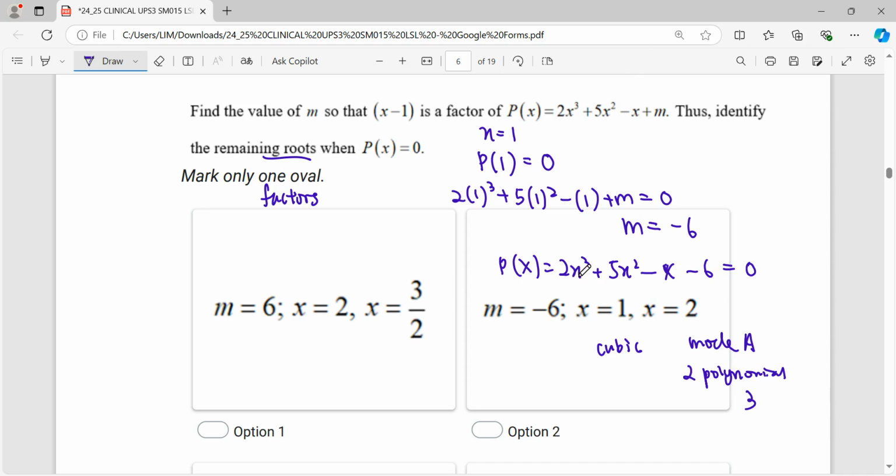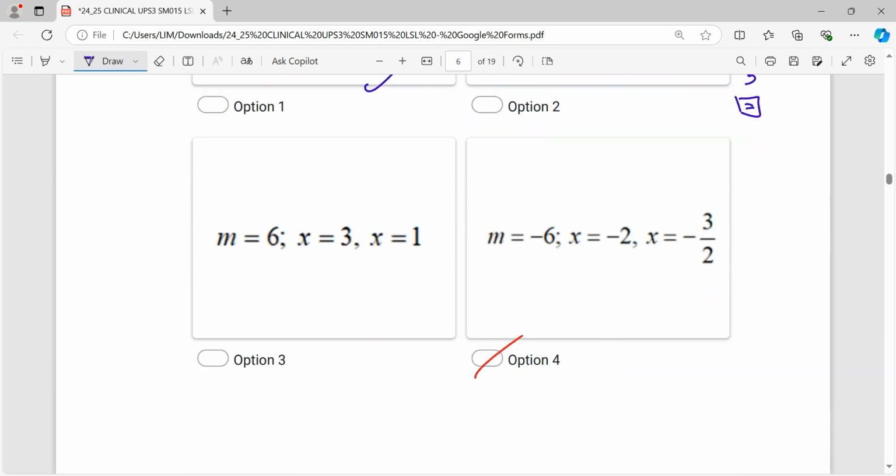So we find out all the roots from the calculator. So we have a is 2, b is 5, c is negative 1, then d is negative 6. So you press equal, then you can find out what your roots are. Your root x1 is 1, then x2 is negative 3 over 2, and then x3 will be negative 2. So since x equals 1 is already mentioned, therefore the remaining roots will be negative 3 over 2 and negative 2. So here we have our option.